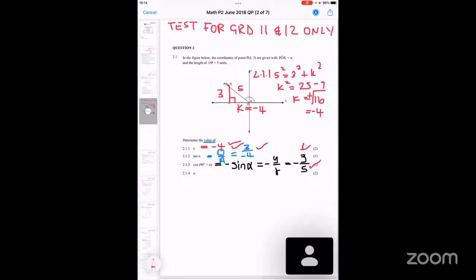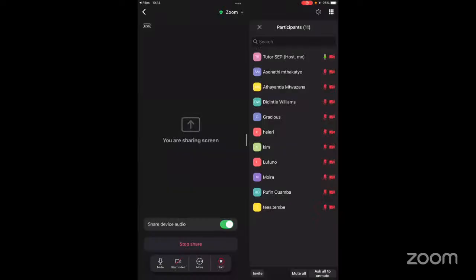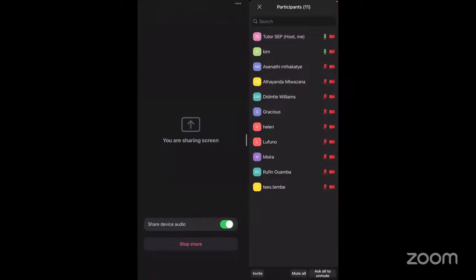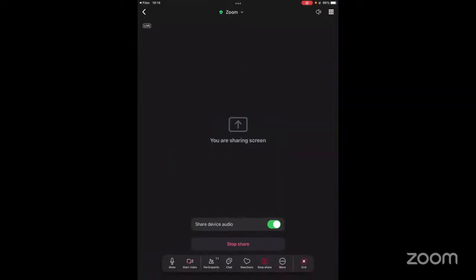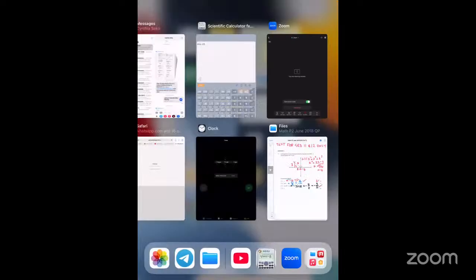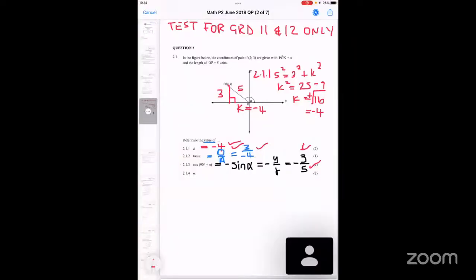So now let's see, 2.1.4. Yes, you want to give it a try? No, I have a question about 2.1.3. I understand everything about it turning to sine, but I didn't understand why it's negative.